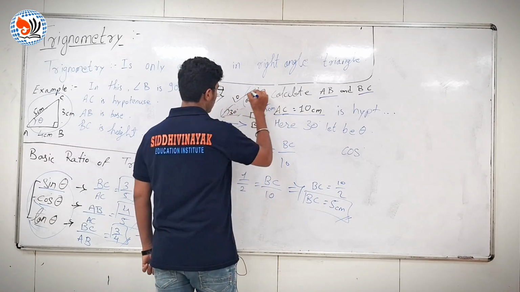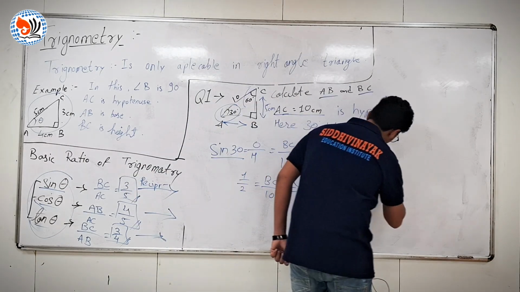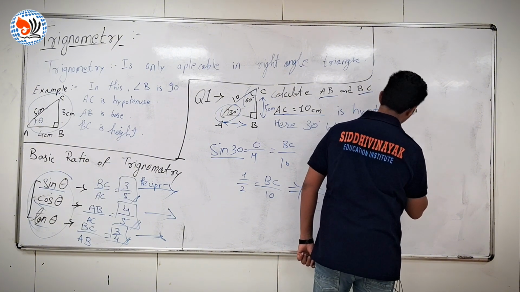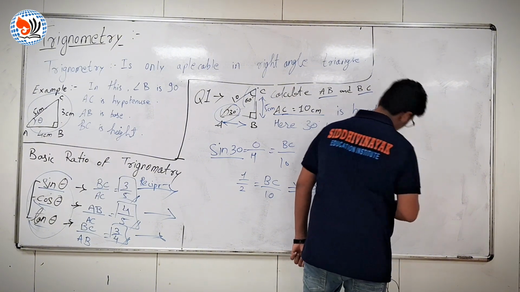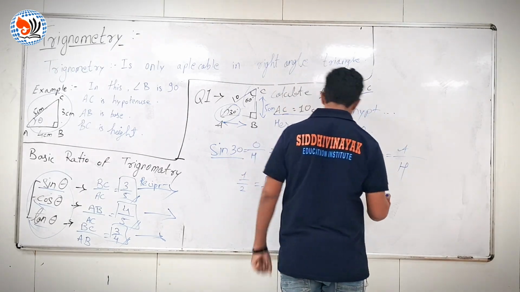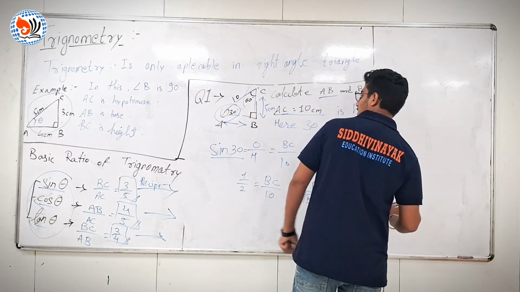Sorry, the angle will be 30 degree. Cos 30 is equal to adjacent side upon hypotenuse. Adjacent side means AB upon AC.